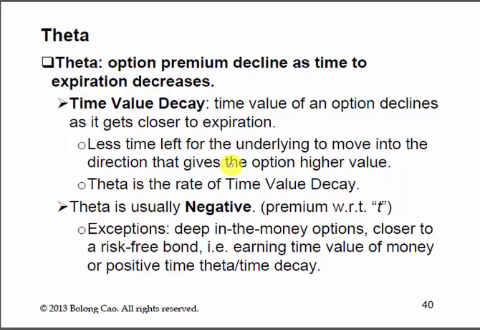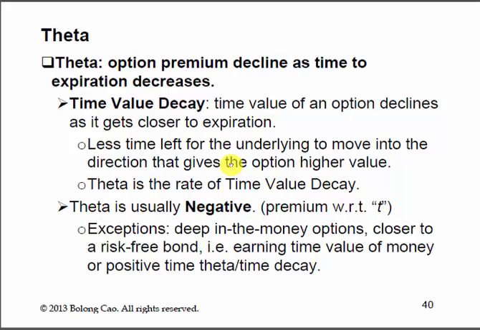The time value of an option declines as it gets closer to expiration. It means less time left for the underlying to move in the direction that gives the option higher value. Theta is the rate of time value decay.